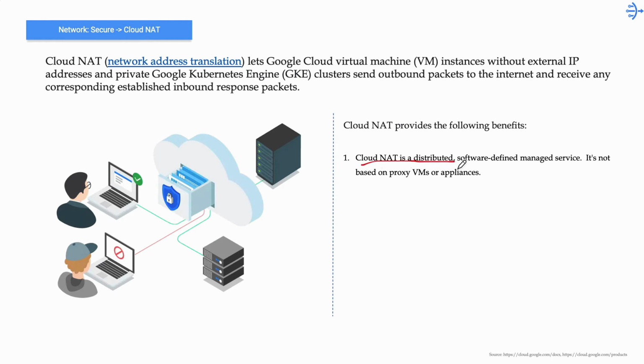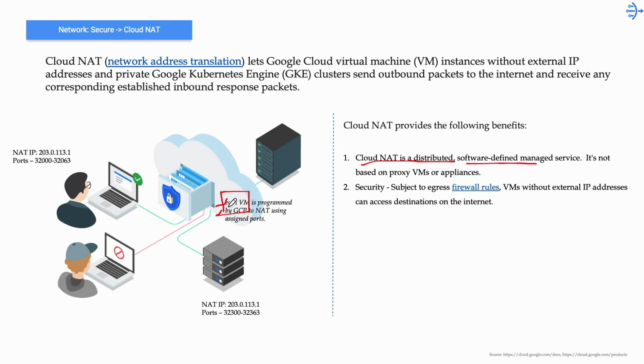It's a distributed software-defined managed service, which means that it is not based on a proxy VM or appliances. So when you are connecting to internet from your internal IP addresses, there is no machine here which it goes through. It's a software defined managed service, which helps with the scaling part of it.